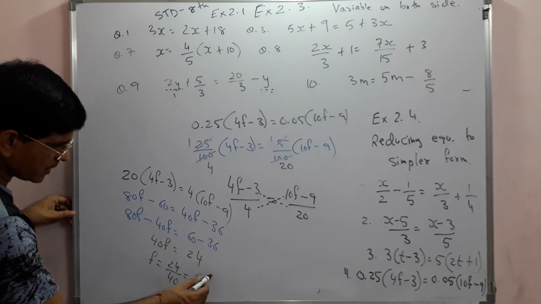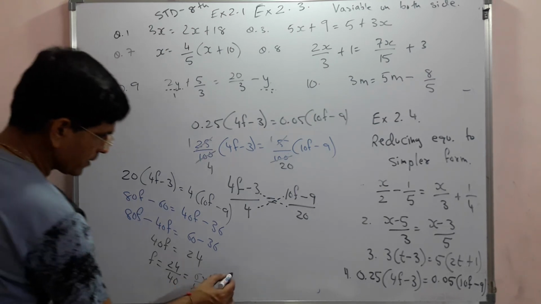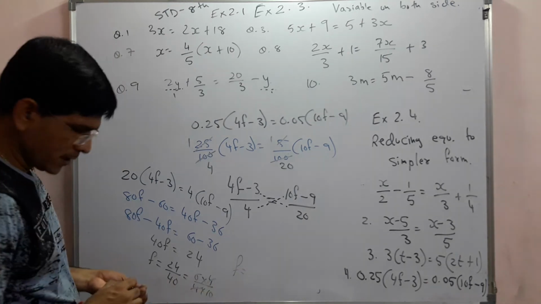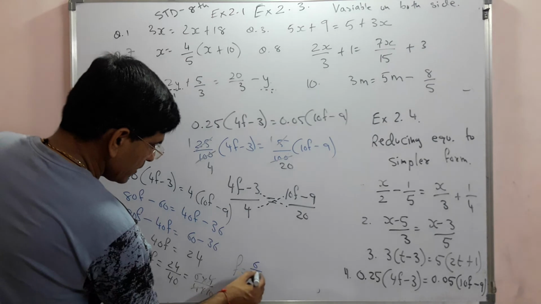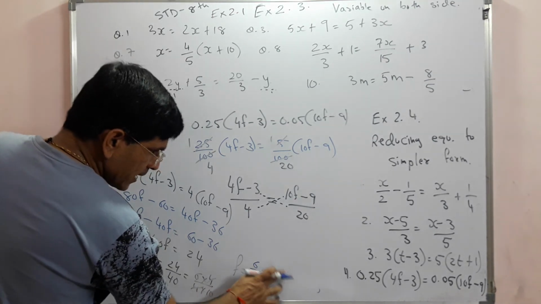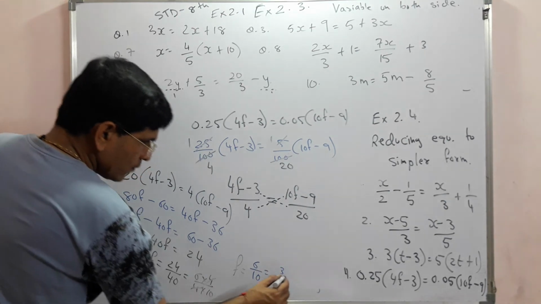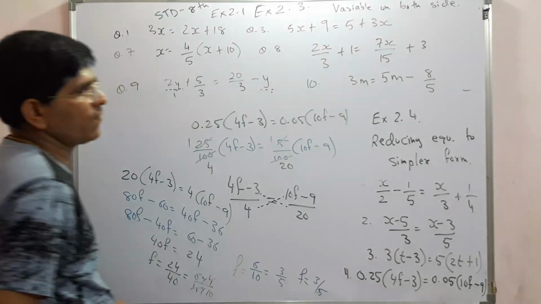So 6 4s are 24 and 4 into 10, that is cut. So f is equal to 6 upon 10. So I have to write 2 3s are 6 and 2 5s are 10. So f is equal to 3 by 5.